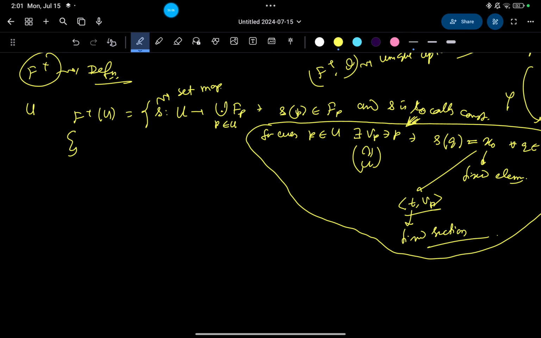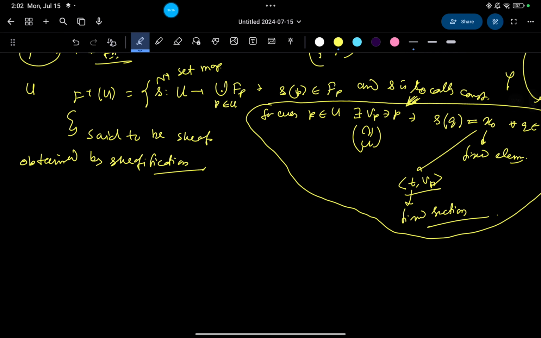Right, so this F plus is said to be the sheaf obtained by sheafification.